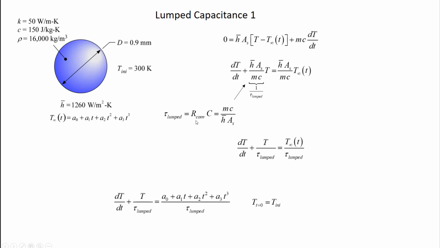We have R convection times big C, which is mc divided by h bar times A_s. So this is 1 over tau. So here's our differential equation. If I take this particular T infinity function and plug it into here, I get this differential equation here that we have to solve. Okay, so that's the process of deriving the differential equation.